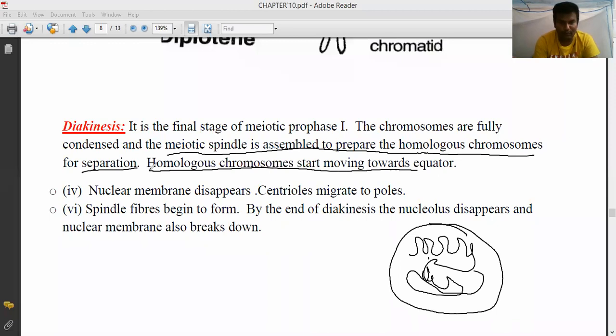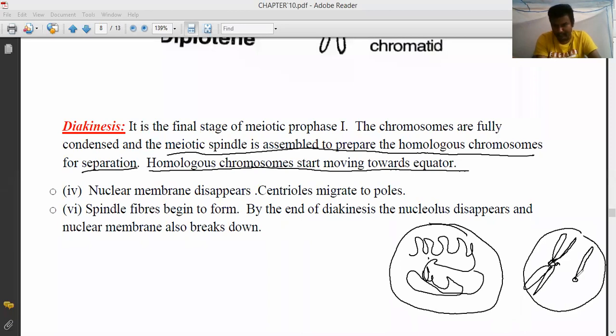Homologous chromosomes start moving towards the equator. Initially the chromosomes are formed like this. Gradually the homologous chromosomes start pairing and slowly move towards opposite poles. Some chromosomes move toward this side, some toward the opposite side.